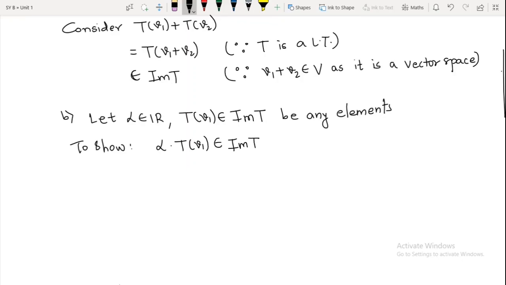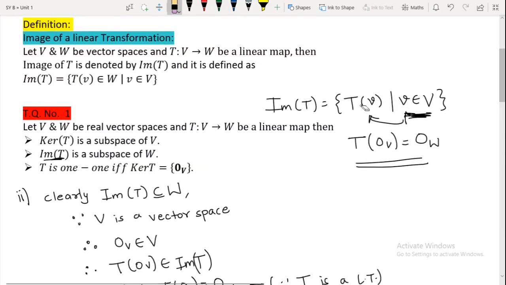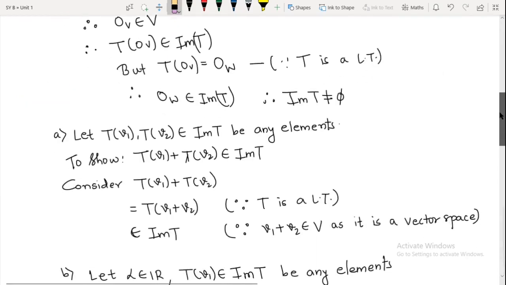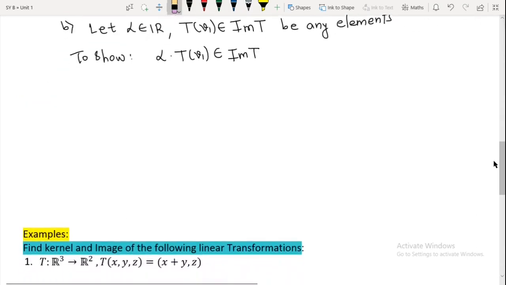Now, same reason. In order to show this element is in image of T, right? We have to show that this element can be written as T of some element of V. Why? Due to this, T of some element of V. Okay. So, it is easier to do that.